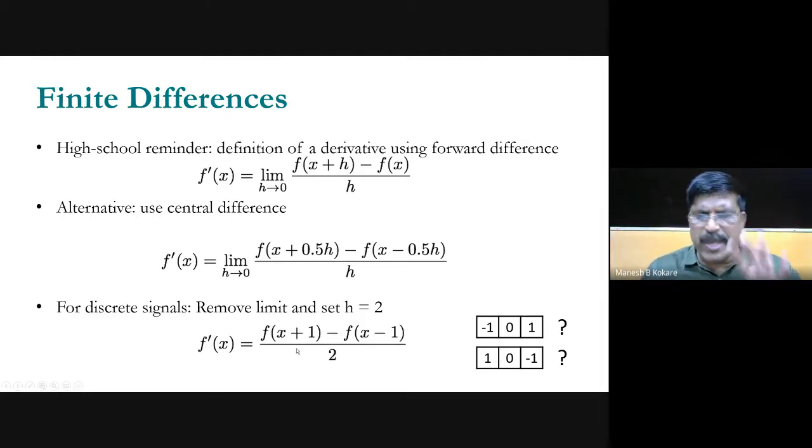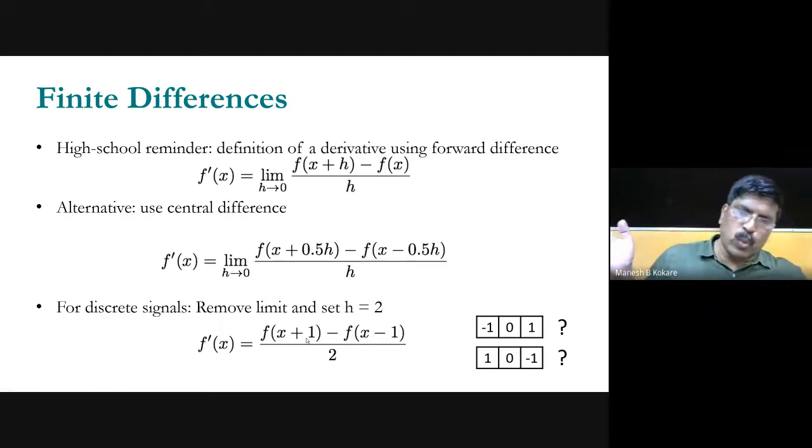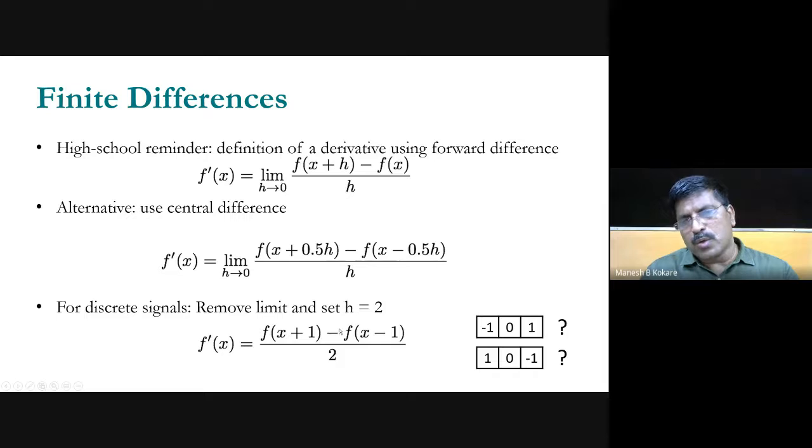So f(x) is the pixel under consideration, and for that we are finding the difference f(x plus 1) minus f(x minus 1), and then dividing by 2. So here we have used the step as 2.